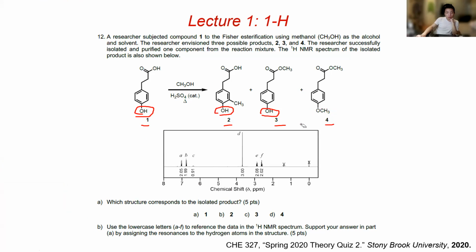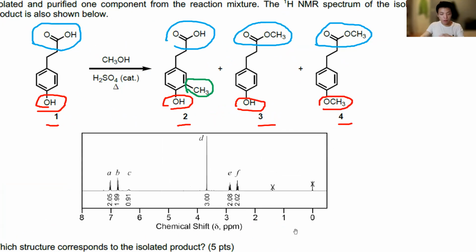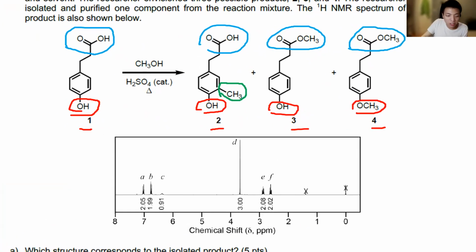I covered this up. We also have a deviant, which is a methyl group sticking out of here. That's one of the variables. We also have different functional groups on the top. Everything else is the same. And then just judging by this information, which one is which?